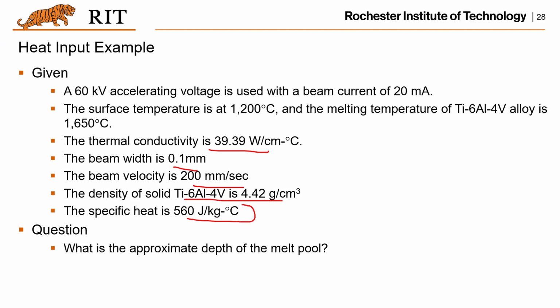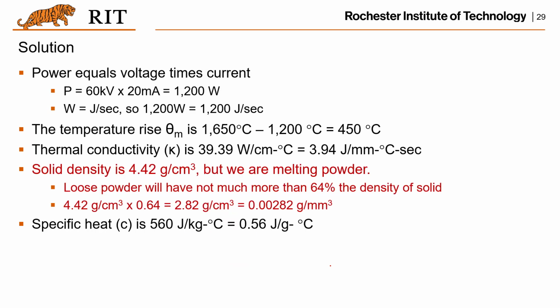So here is an example to compute the depth of the melting pool. There's only one thing I want to mention, that is for this density. Basically, it's the solid density, which is not the powder density. So we need to do a little computation here. We assume the loose powder has not much more than 64% of the density of a solid.